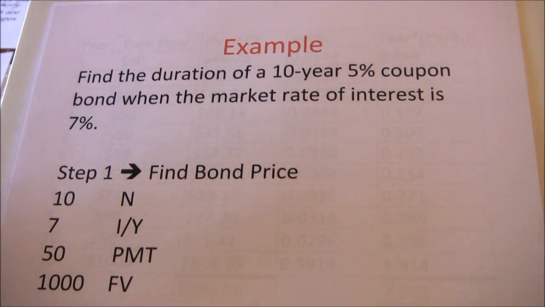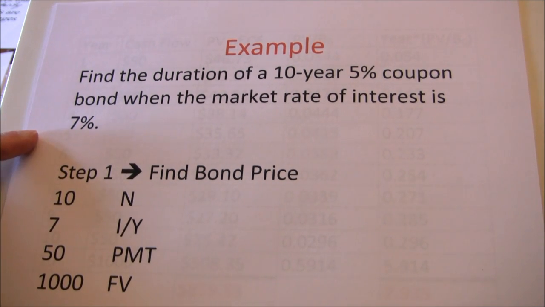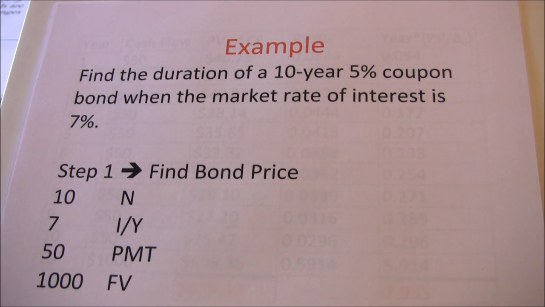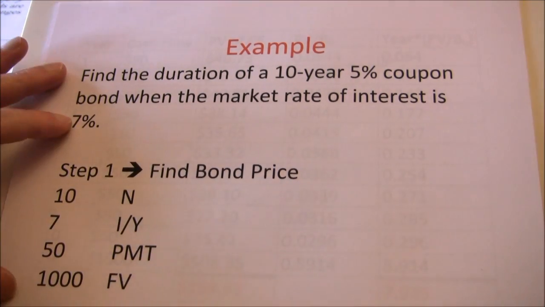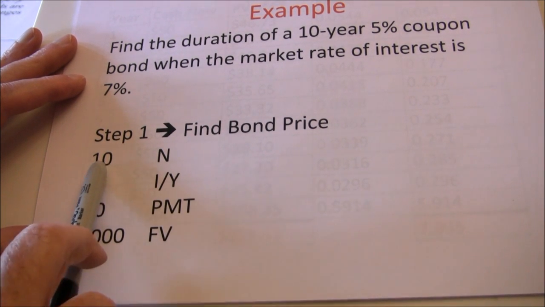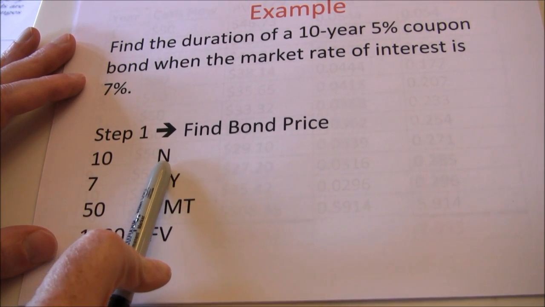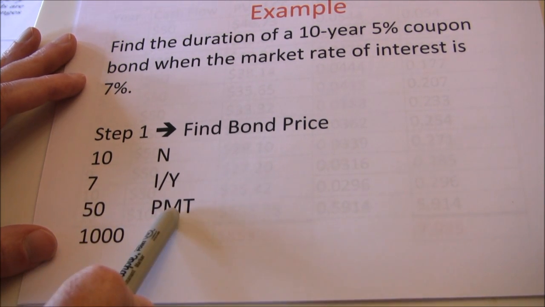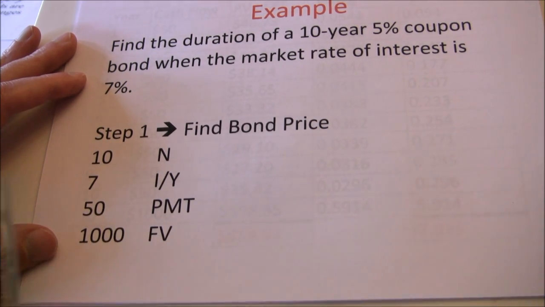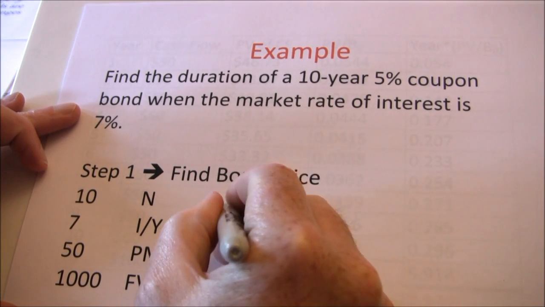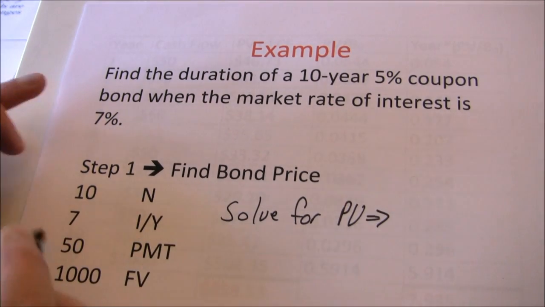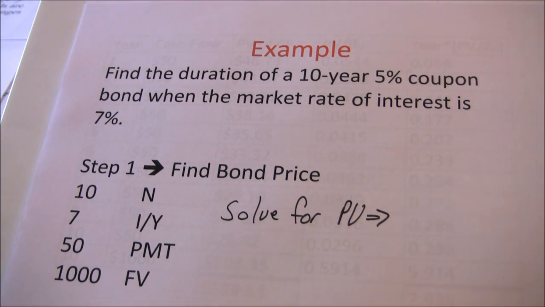We want to find the duration of a 10-year 5% coupon bond when the market rate of interest is 7%. First thing we need to do here is calculate the bond price. So if we get a financial calculator and we plug in 10 for n, 7 for our interest rate, 50 for our payment, 1,000 for future value, and then solve for present value, that's going to give us our bond price.